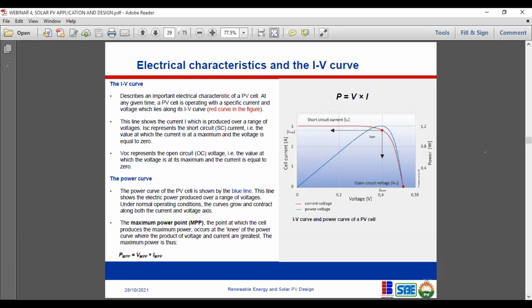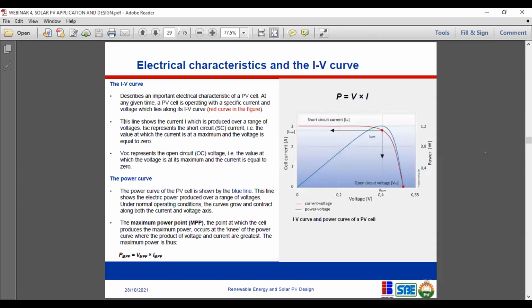The red line in the chart is the IV curve that we're going to be studying, and we are going to see how current and voltage affect this IV curve.